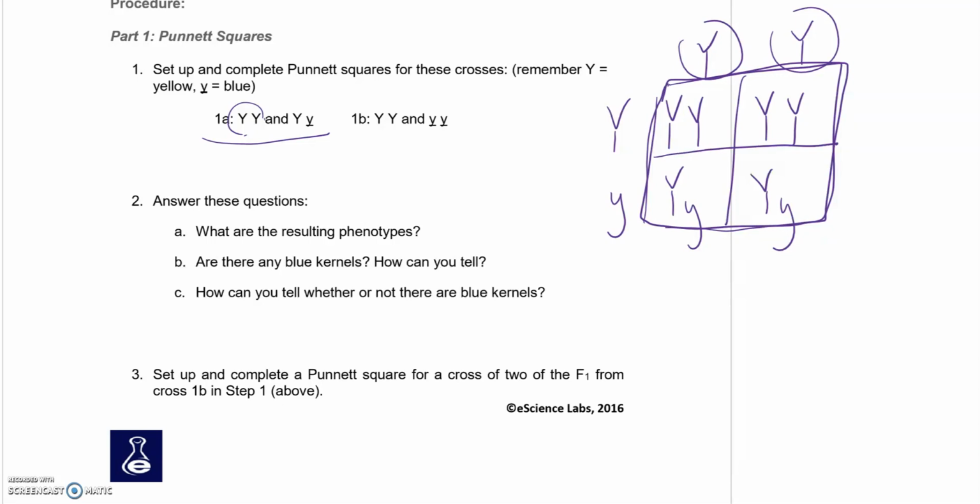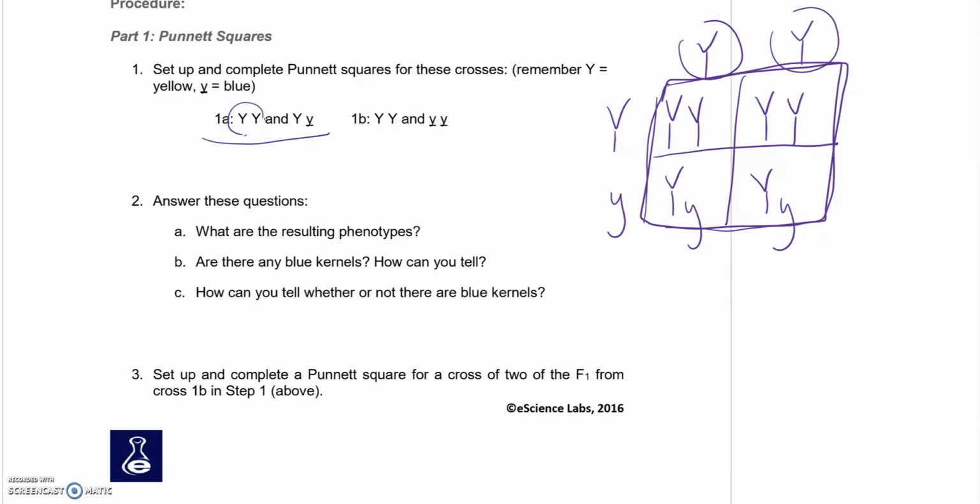So as we see, we have a dominant allele, which is capital Y, and we have a recessive allele, which is lower y. So if one capital Y allele is present, then we know that it's going to express that phenotype. So we see that 100% of these offspring are going to be yellow based on the outcome of our Punnett square. Are there any blue kernels?